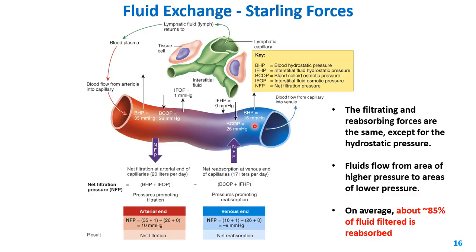So you go 16, the blood pressure, plus 1, that is this factor over there, same thing as over here, minus your oncotic pull and your interstitial fluid push. You calculate and you get negative 9 millimeters of mercury. Negative number means you are getting reabsorption.